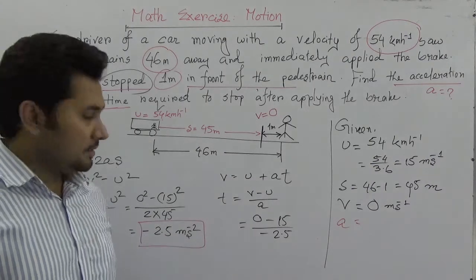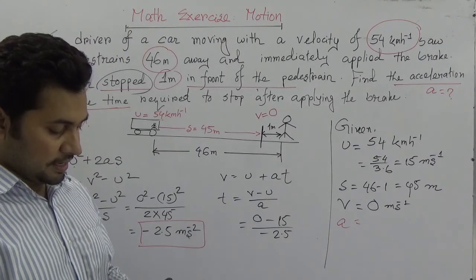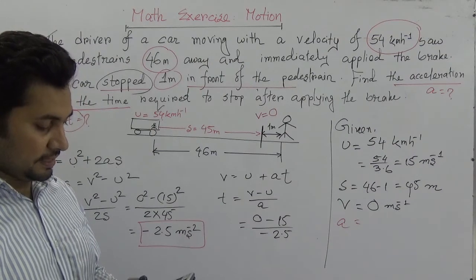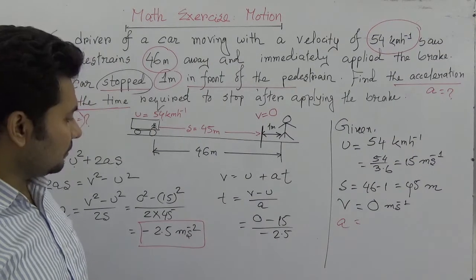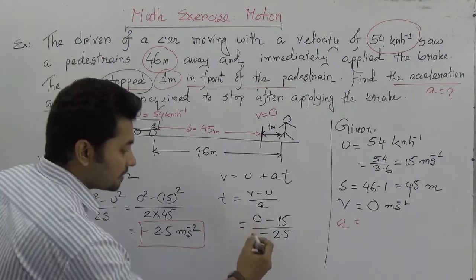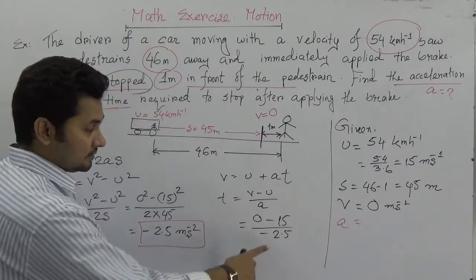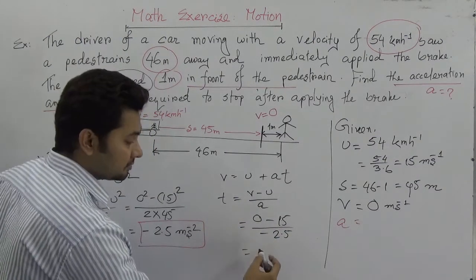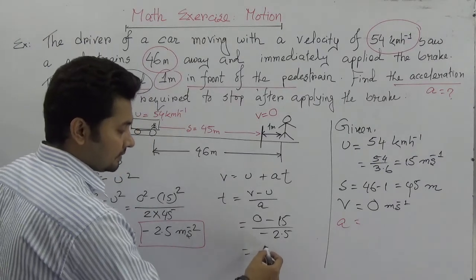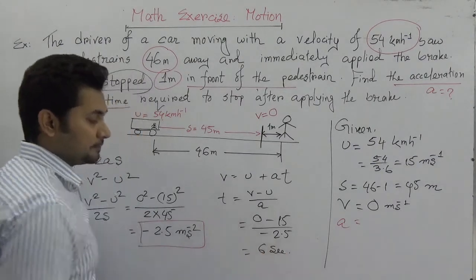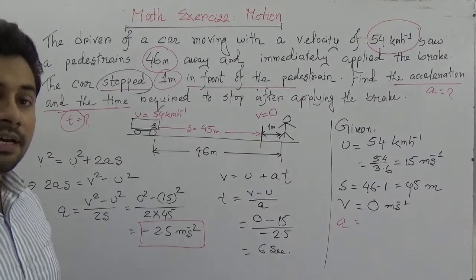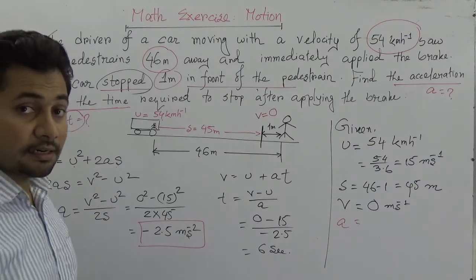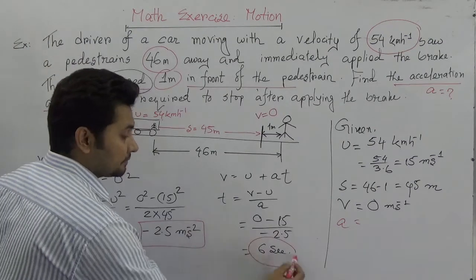If I divide 15 by 2.5, we get 6. Both are negative, so it would be 6 seconds. So the required time to stop the car after applying the brake is 6 seconds.